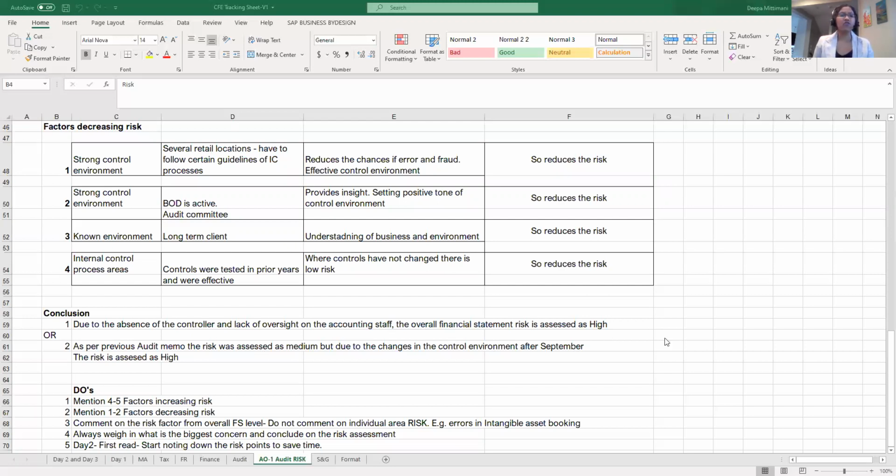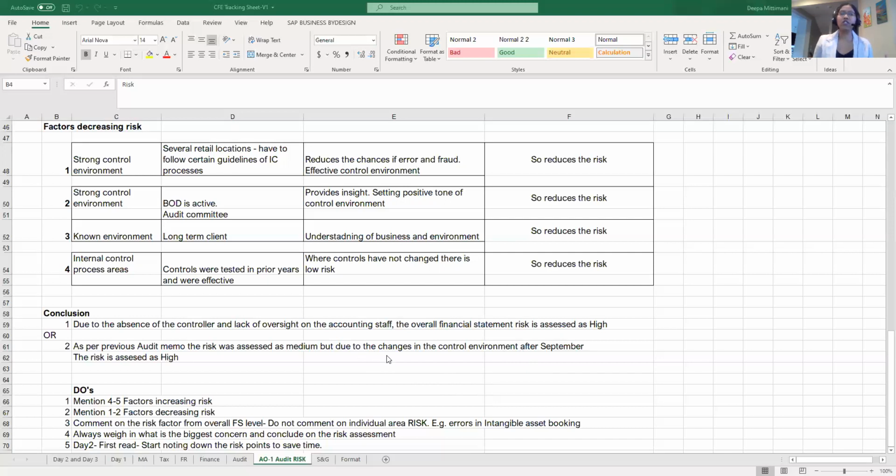Now, sometimes you will be given an audit planning memo that was already drafted in, say, a previous round of audit. In that case, revisit it: previously it was assessed as medium, but based on the changes and the recent events, it is now assessed as high. So always remember that if a previous audit memo reference is given, relate to it.